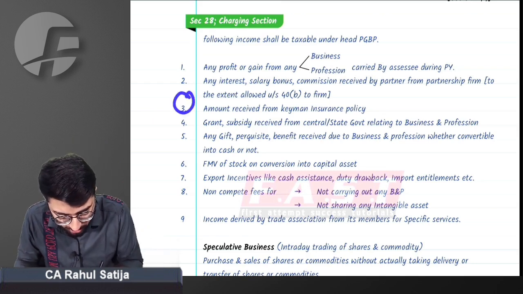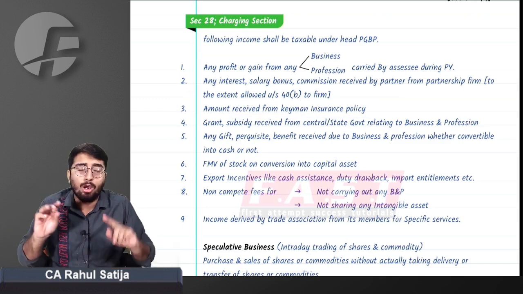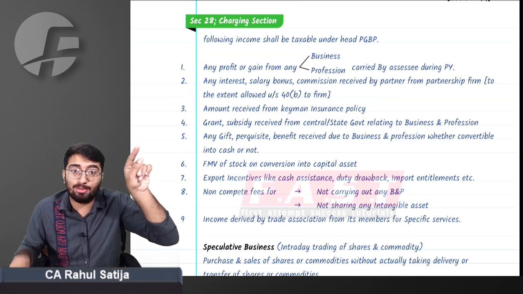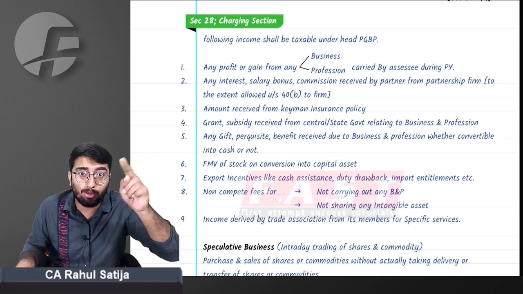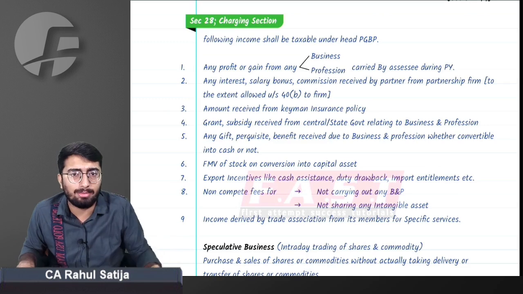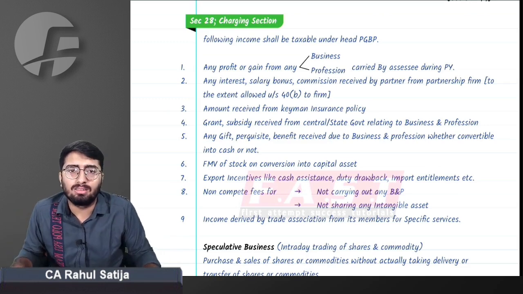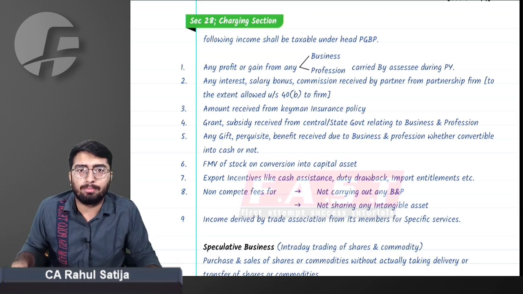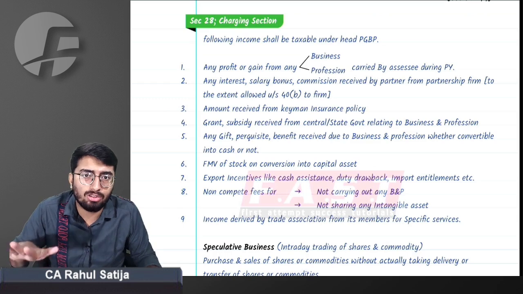Third thing says any amount received on account of Keyman insurance policy. We have been studying this Keyman insurance policy thrice. While studying ULIP, we studied Keyman insurance policy is taxable under PGBP. While studying IFOS, we studied Keyman insurance policy, if not taxable under PGBP, will be taxable under IFOS. What is Keyman insurance policy? For example, Reliance insures Mukesh Ambani. Reliance works on the directions of Mukesh Ambani.